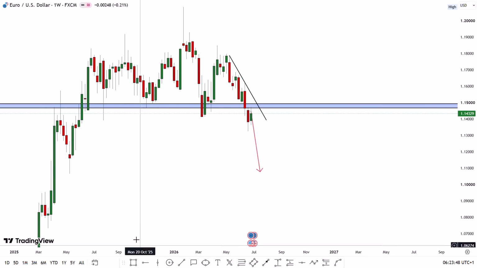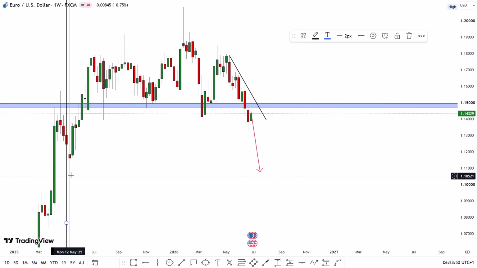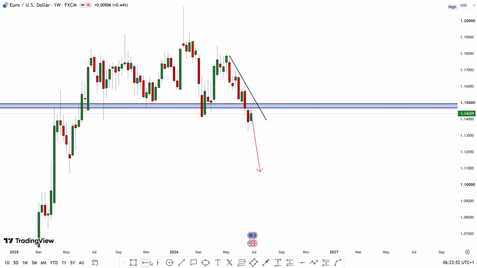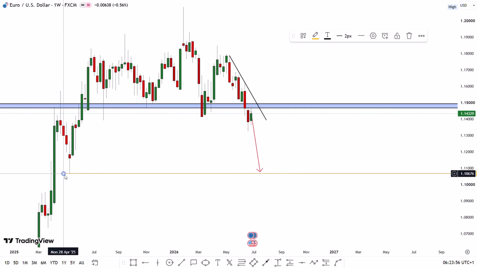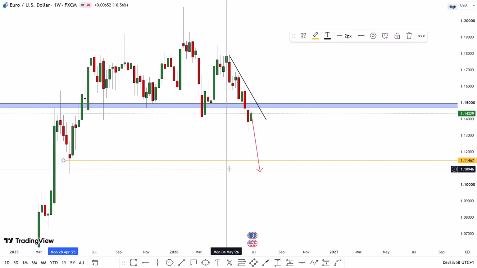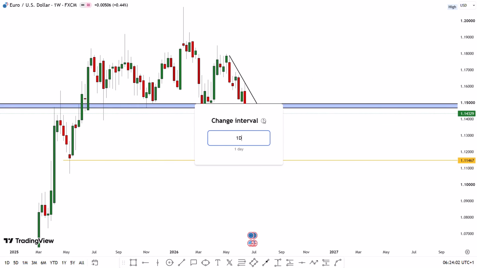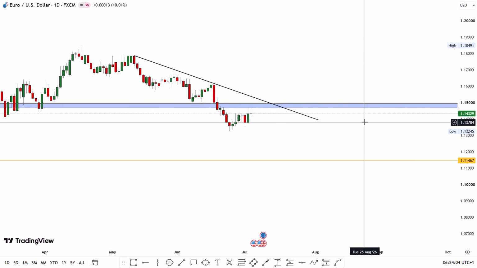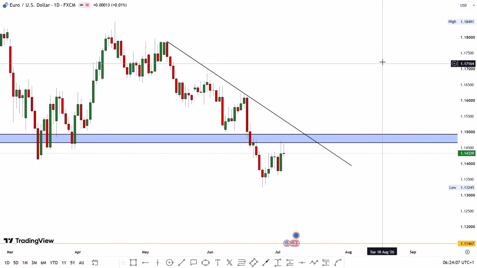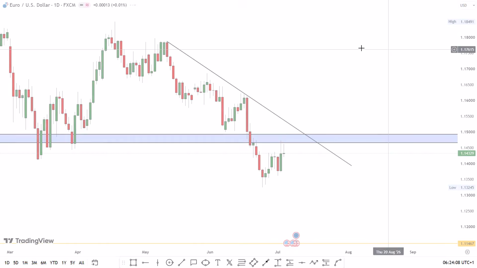I was expecting the market to come at least into this region or level before pushing to the upside. But from what I can see on the daily time frame, I think we can still do with this, right? So let's go on the 4-hour time frame to see what's happening.